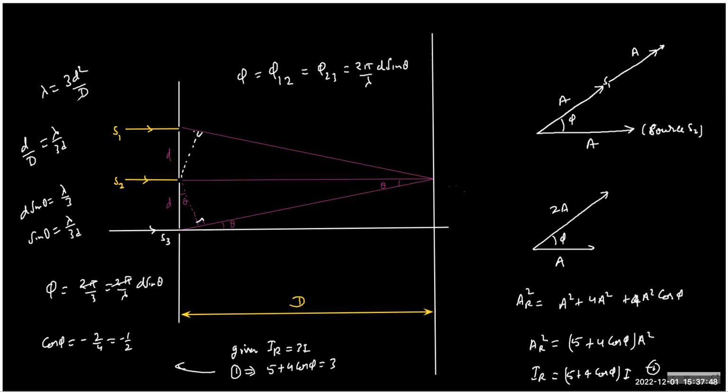Okay, I think we need to take the approximation exactly by taking the difference. What is the path difference?